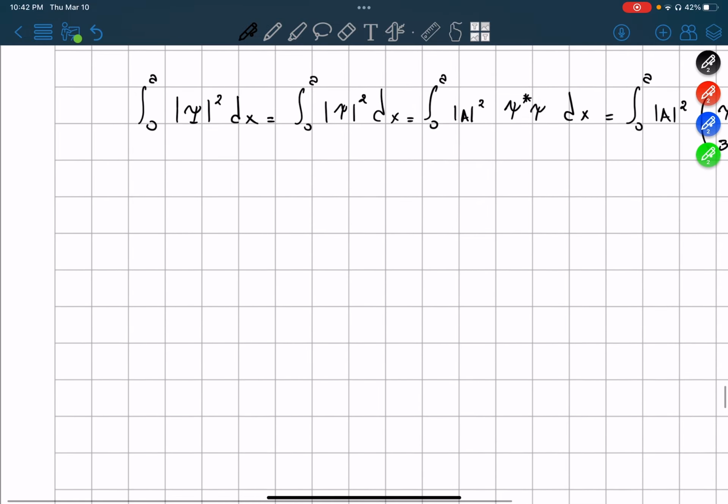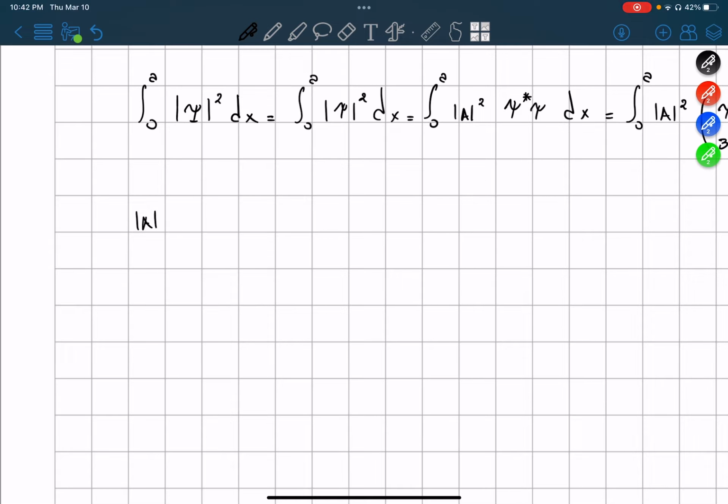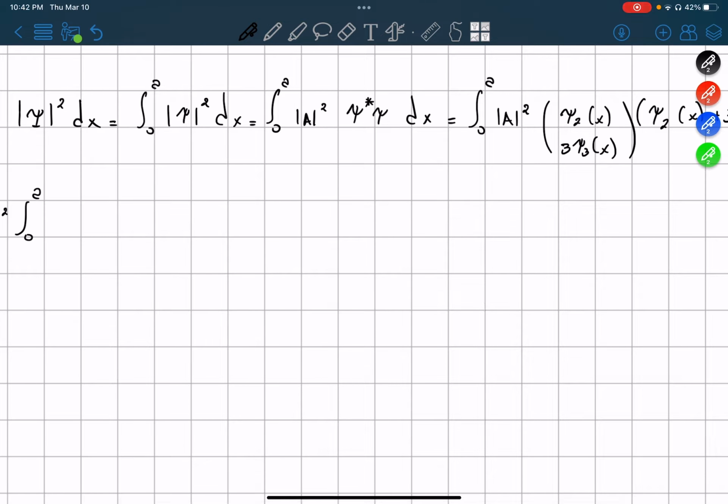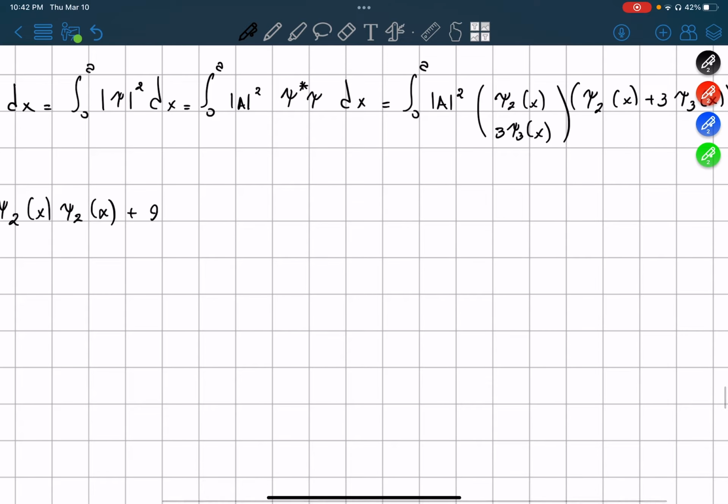So now let's multiply these two. I'm going to take out the a squared in front, because it's constant, from 0 to a, of psi 2 in terms of x times psi 2 in terms of x, plus we get 3 times 3, so 9, psi 3 in terms of x times psi 3 in terms of x, dx.